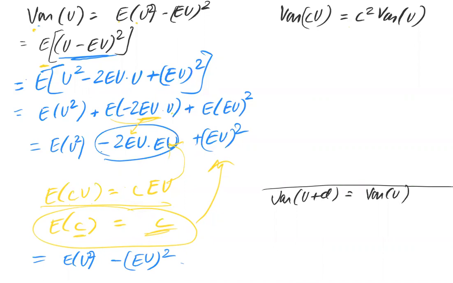Okay, next up is when you multiply by the scalar value, how does the variance change? So let's write it down. Var(cU) can be written as, I'll use green color.